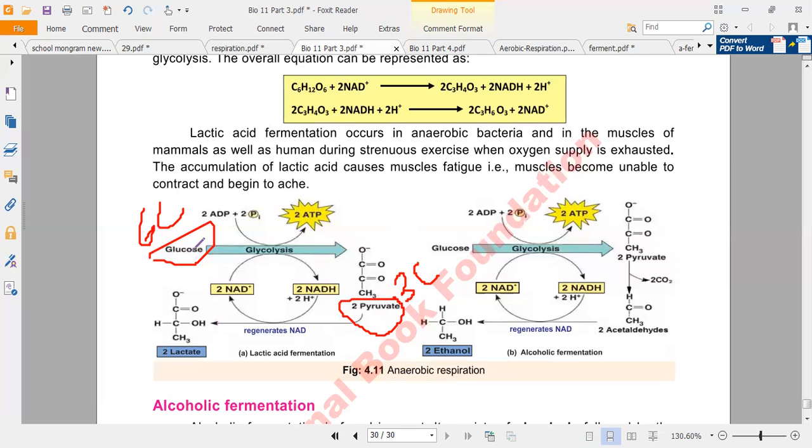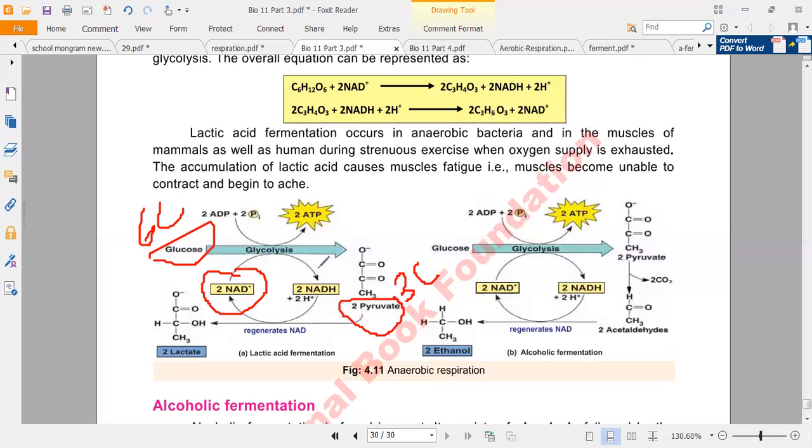So during the process of glycolysis to the formation of pyruvate or pyruvic acid, this NAD is reduced into NADH plus 2H. It gets 2 hydrogen atoms from this glucose and then changes into NADH plus H, like 2 protons.